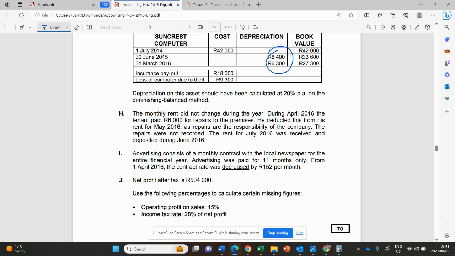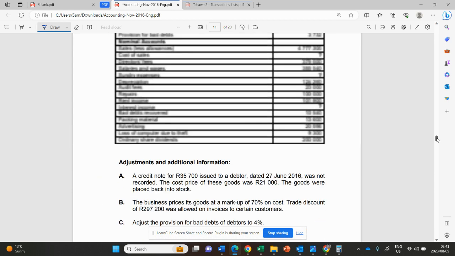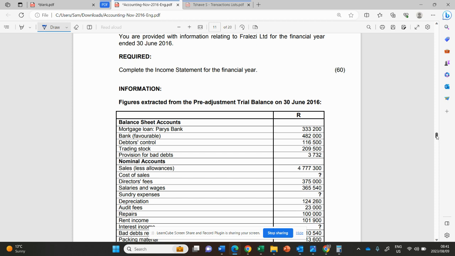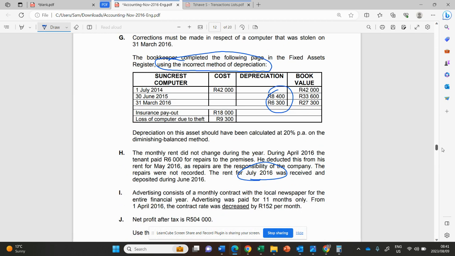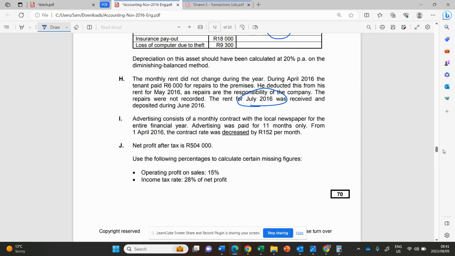Then again, we fixed the part of the repairs that was not recorded. Now there's an adjustment that says there is a rent for July 2016. July 2016 is the 13th month because the year end is 30 June 2016. So this rent was received for 13 months.